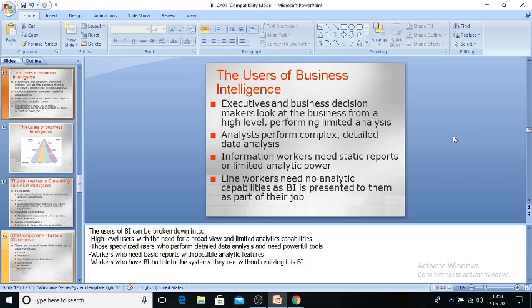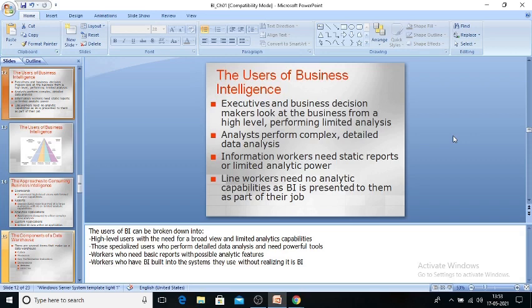Let me give you an example. If you go to a bank, there are people who work directly with the customers. Whenever you go for a transaction, there are people who sit at the counter, check your balance, collect your receipt, and do the transactions.